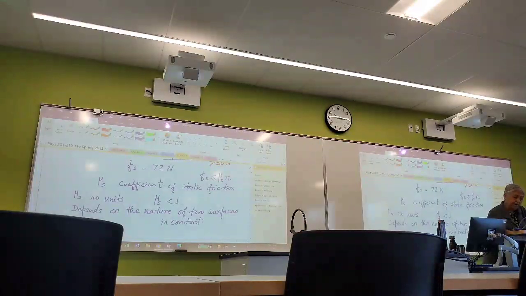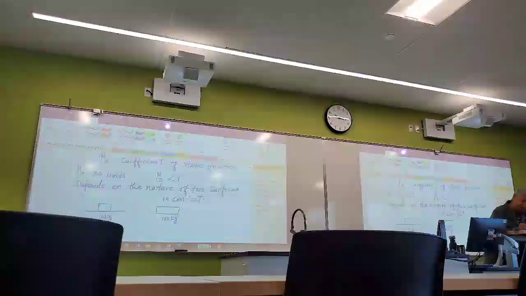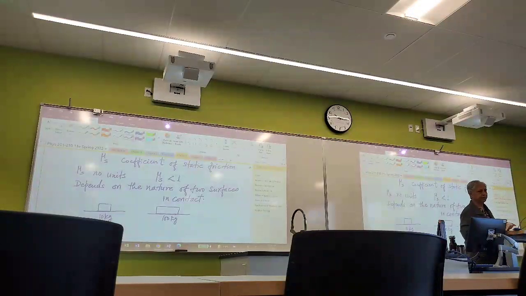So if I have two objects, one has a mass of 10 kilo and another has a mass of 100 kilo, and they are both resting on the same surface, which will experience a greater static force of friction?